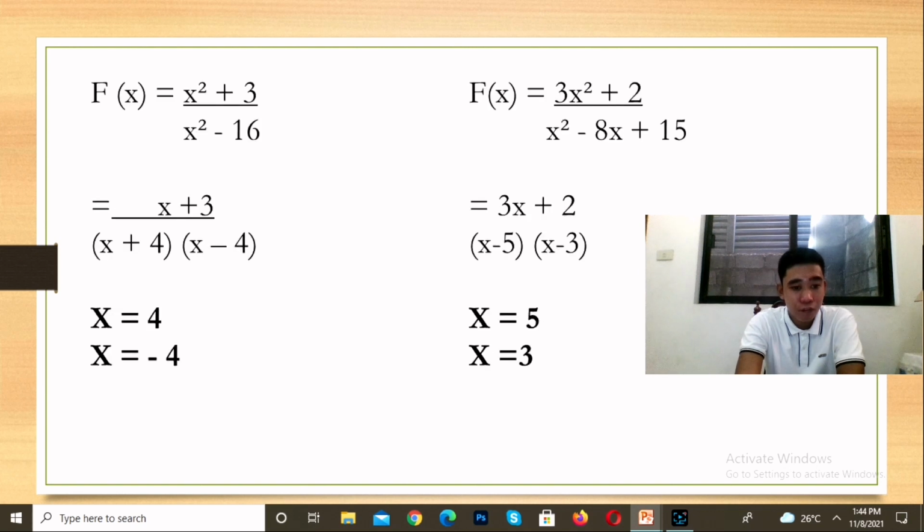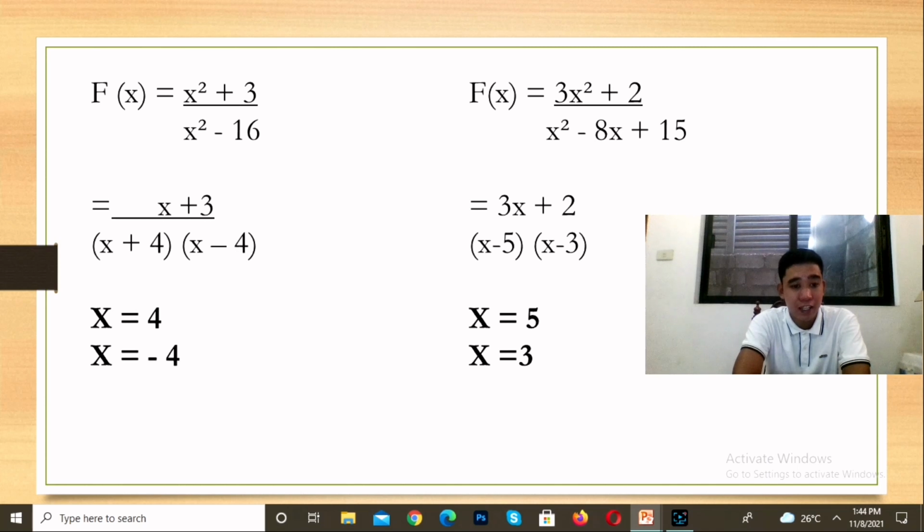Next, f of x equals x squared plus 3x over x squared minus 16. Let's find the factors of 16: x plus 4 and x minus 4, because positive 4 times negative 4 equals negative 16.